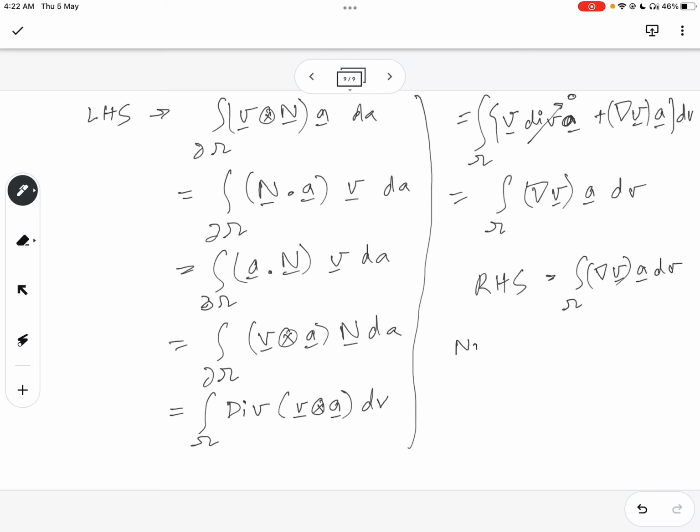Now as a is arbitrary, the integral over del omega, what we started with, of v diadic n dA is the integral of gradient of v dV over omega.